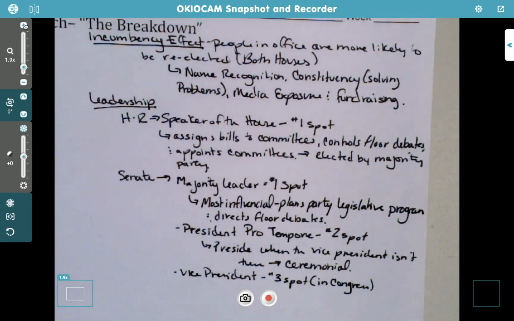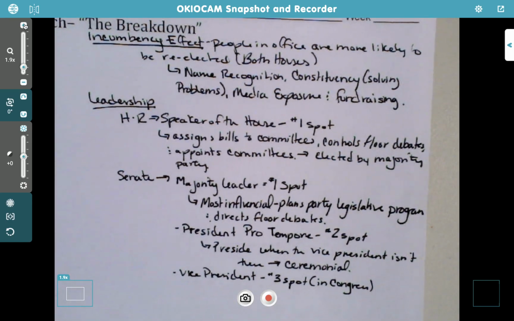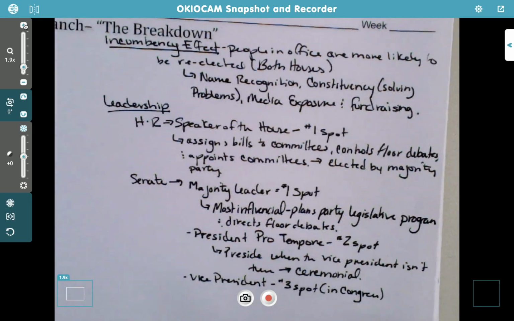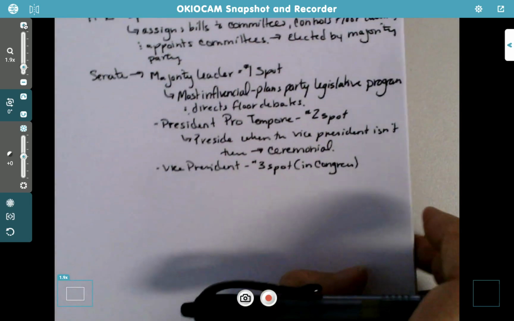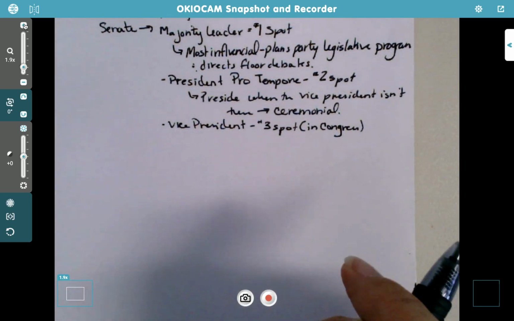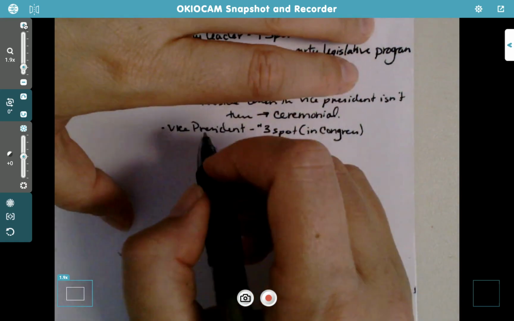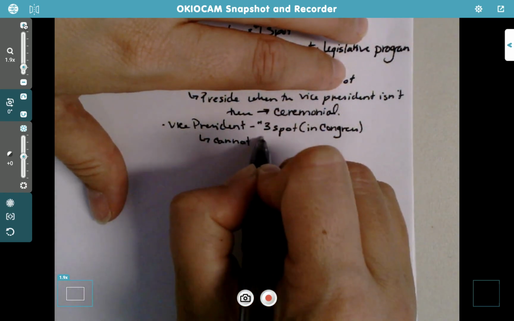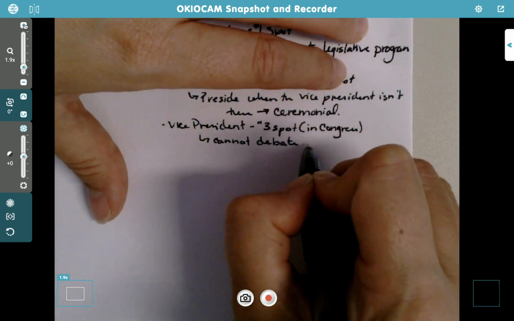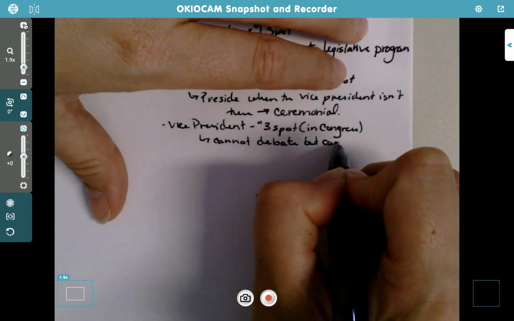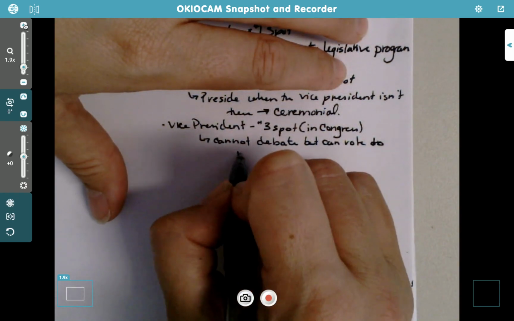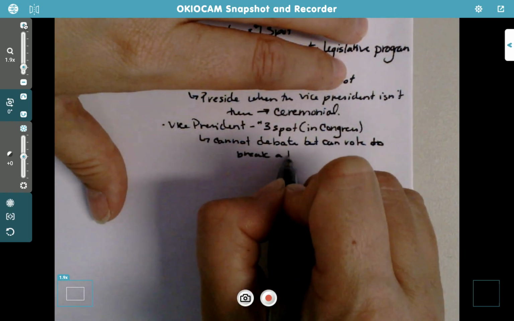Okay. Now, if you could be a senator or the vice president, which one would you want to be? Vice president. They have more power. But when we're talking about in Congress, they're the number 3 in the Senate. Does that make sense? You could always want to be vice president over senator, but in Congress, they're number 3. Okay? They cannot debate, but can vote to break a tie.